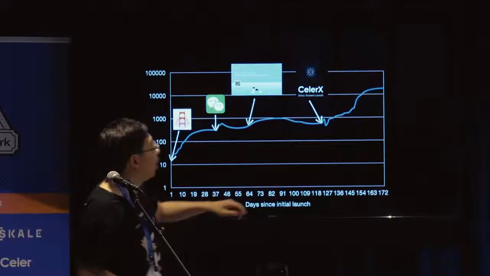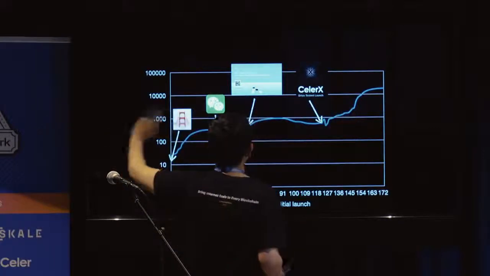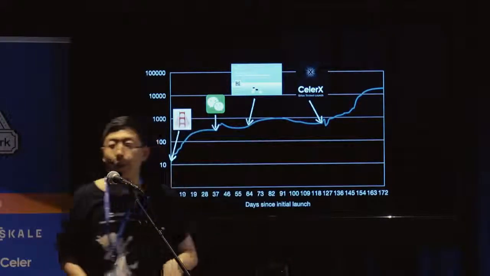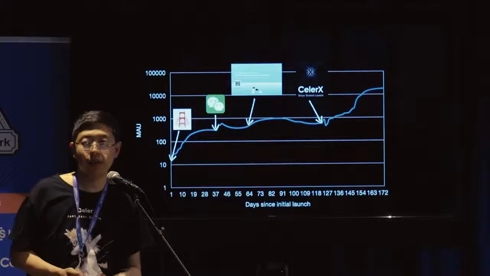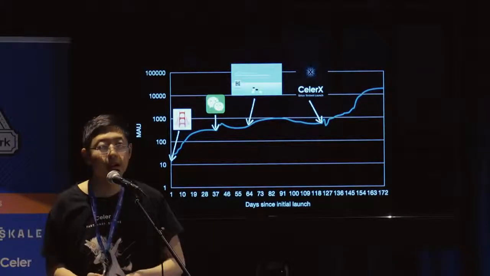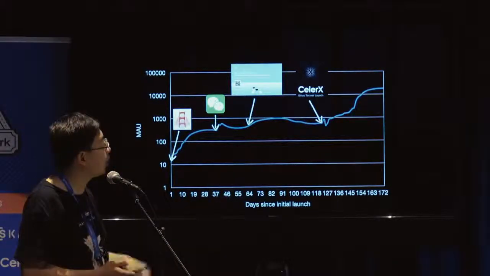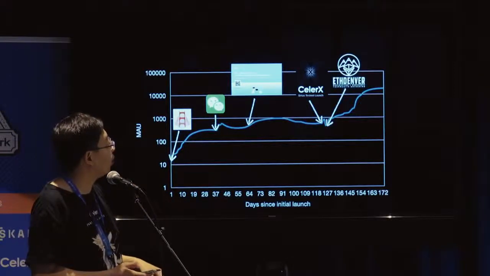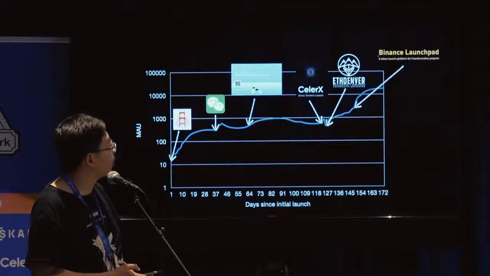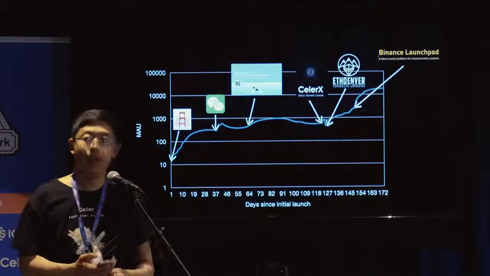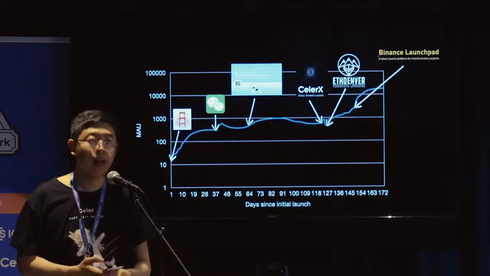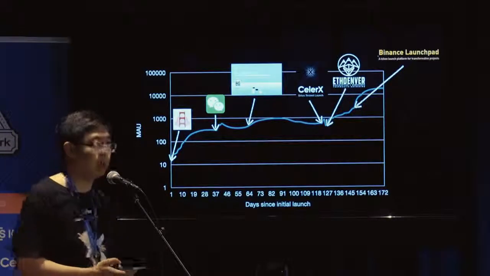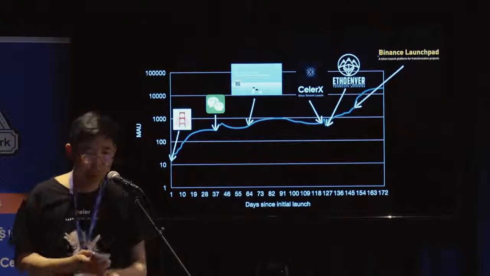By this time we had roughly 4,000 monthly active users, by the time of another big jump. Here we did our Binance Launchpad sale, and that helped us boost a lot of users as well, and they are pretty sustaining.